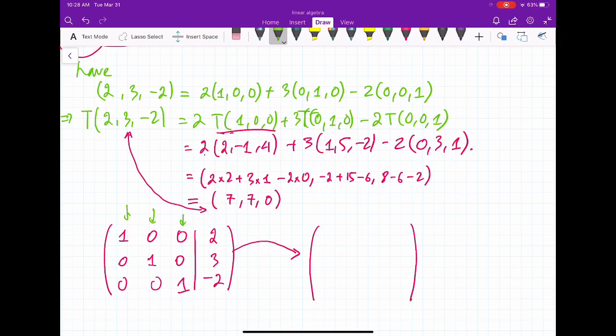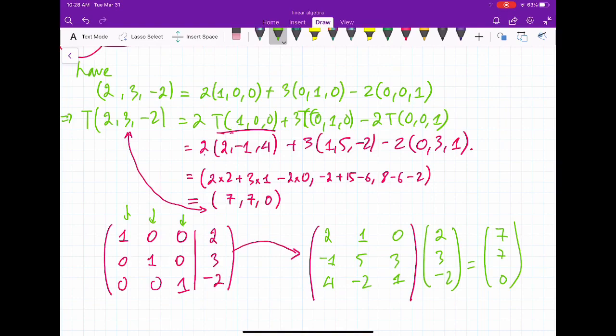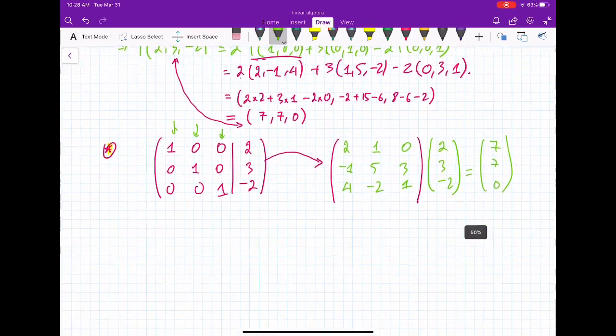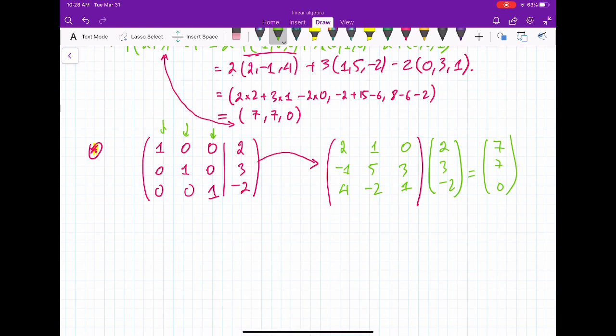The images are (2, -1, 4), (1, 5, -2), (0, 3, 1), written in column form, and I apply them to the solution. And I get exactly (7, 7, 0). Make sense? So we can solve such problems using matrix forms.